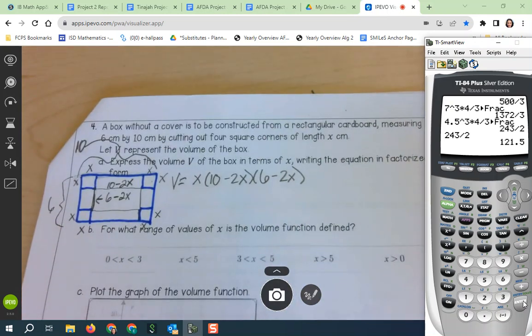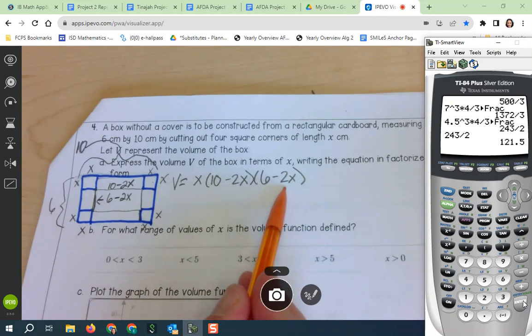You have to multiply all those out. And it says to write it in factored form. Why is that not a good factored form yet? No, look at your factors. Your factors actually need to be factored more. What can I factor out of my factors? A 2. You see how I can factor a 2 out of this one and out of this one?